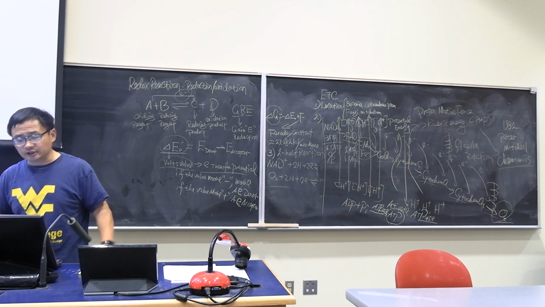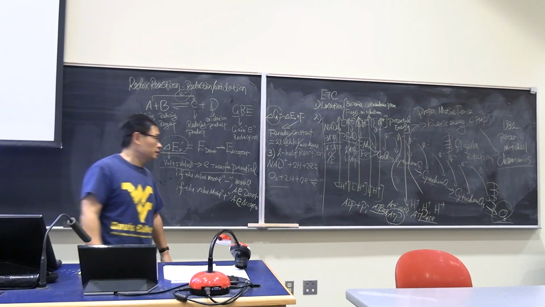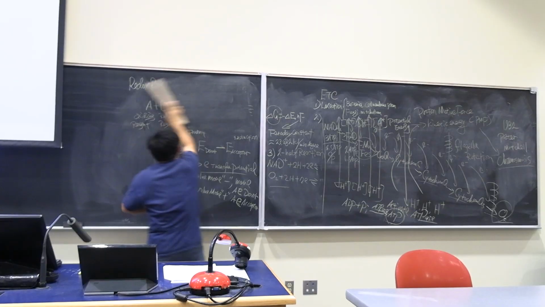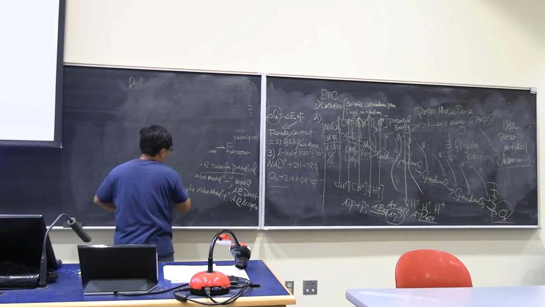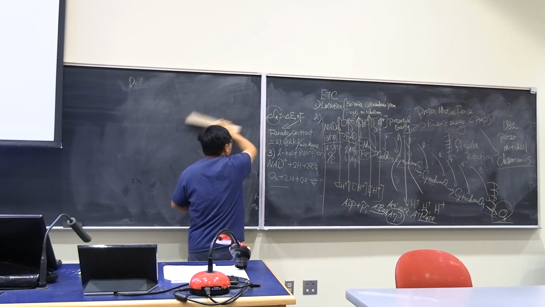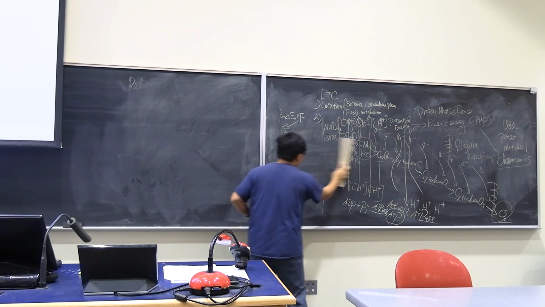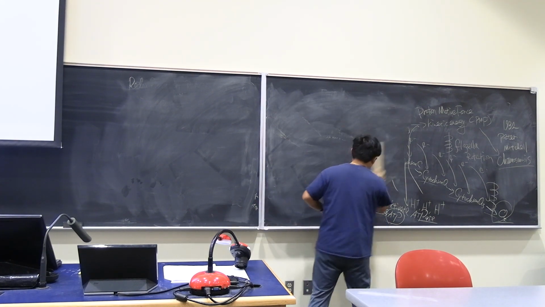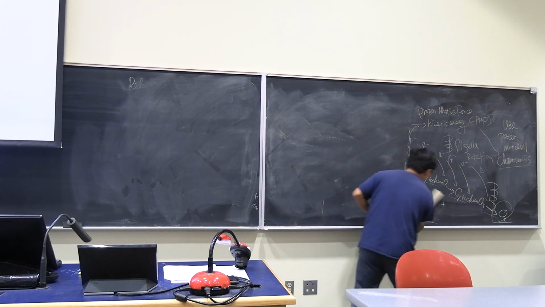Okay, metabolic pathway. We know the metabolic pathway has several forms. It could be linear, it could be branched, or it could be circular. We have 3 very good examples. That is what we're going to talk about next week, Tuesday.